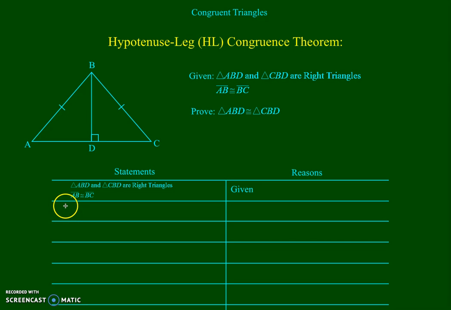So let's say that angle A is congruent to angle C, and the reason for that is the base angles theorem.